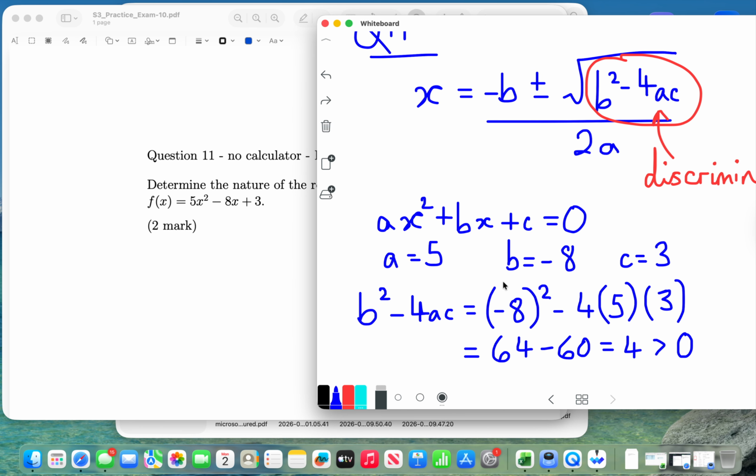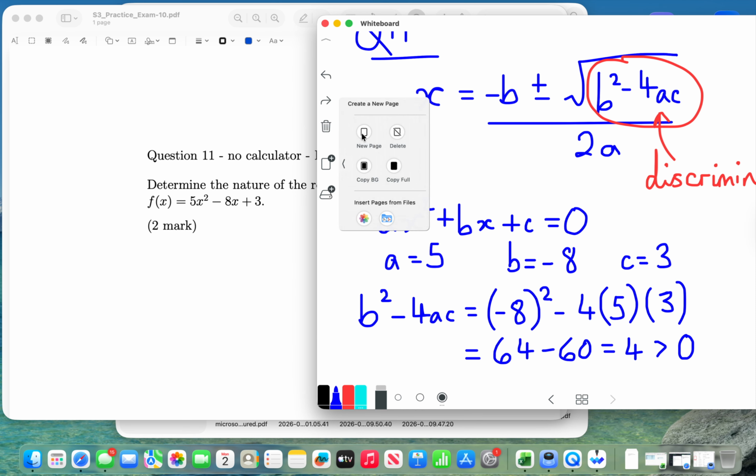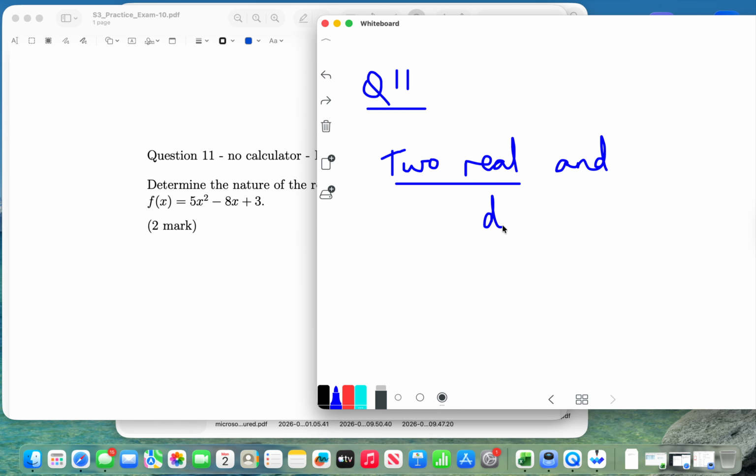So the wording we want to use is that we have two real and distinct roots. You must include both sections. We have two real and distinct roots.